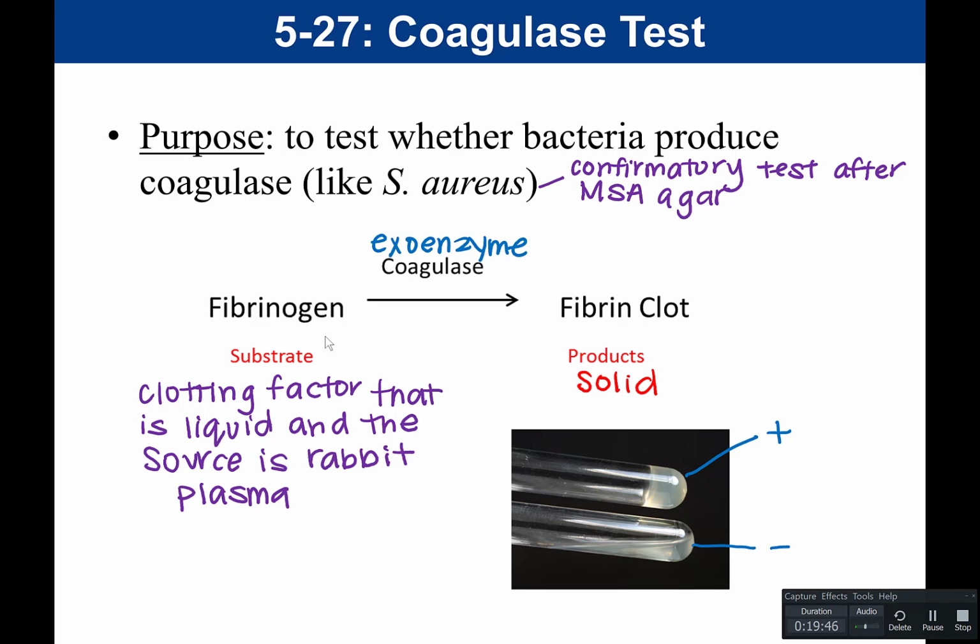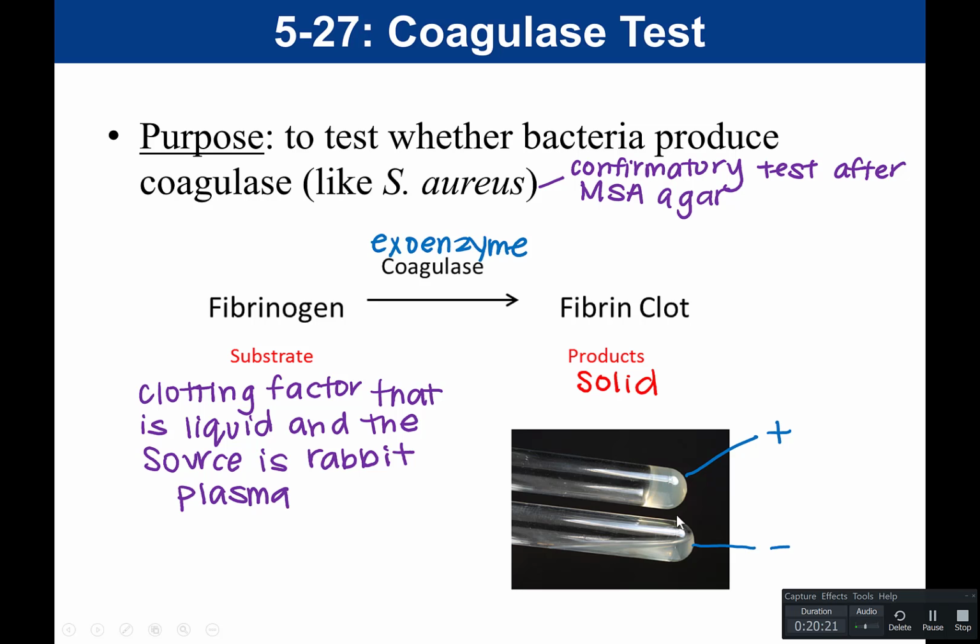Now, if there's bacteria in the tube and the bacteria produces coagulase, this is going to be an exoenzyme, because the bacteria needs to secrete the enzyme outside of its cell to produce the clot around it. And so if the bacteria is present and they are coagulase positive, they're going to secrete this coagulase and produce the product, which is the fibrin clot, and that's going to be a solid.